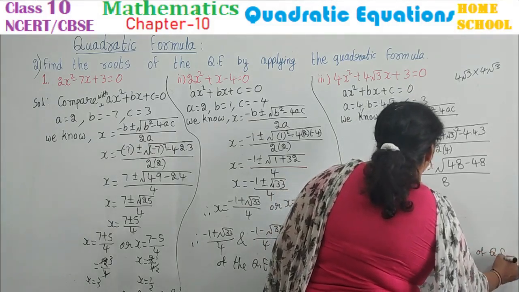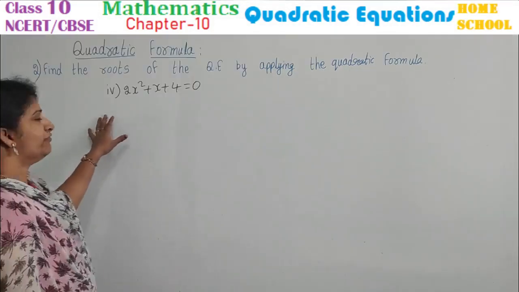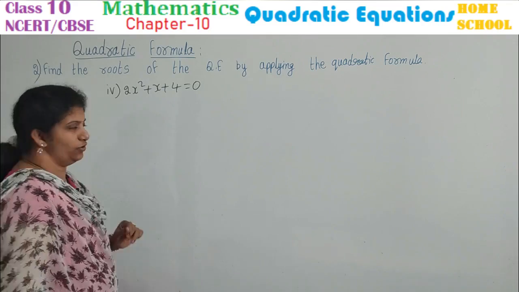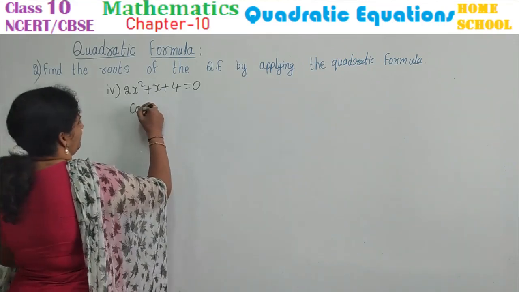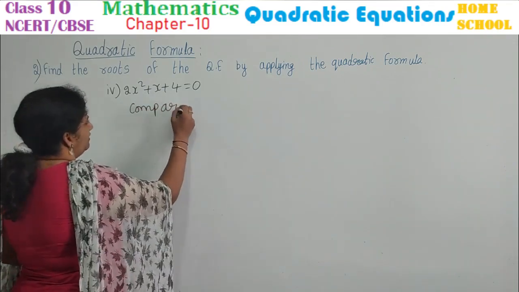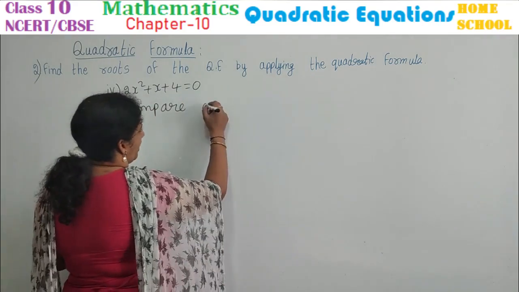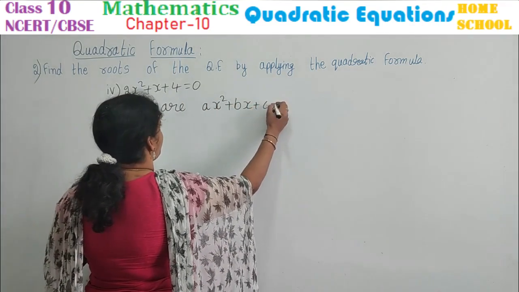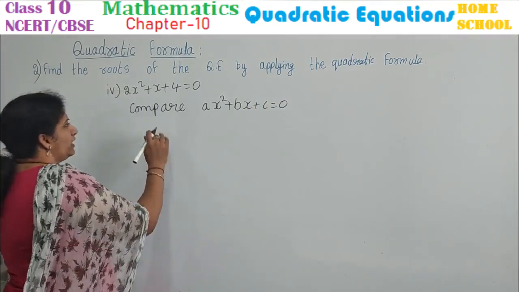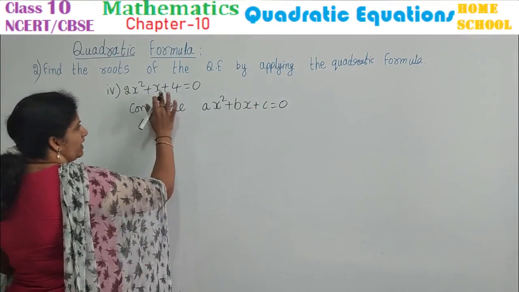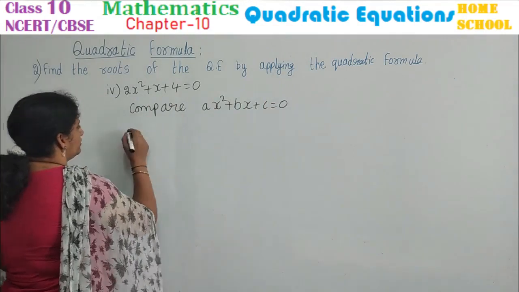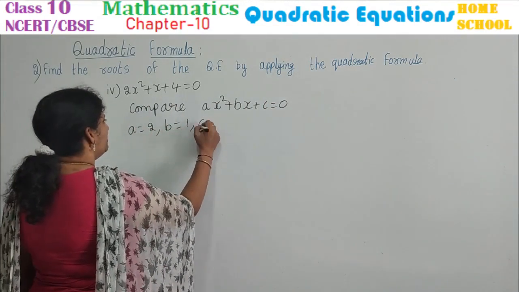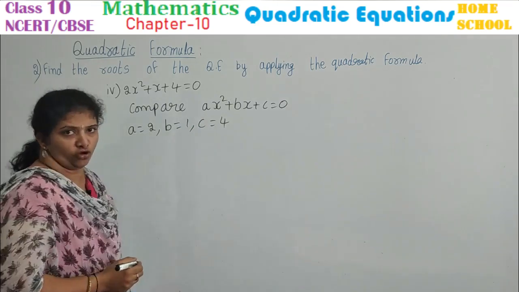Roots of the quadratic equation. Yeah, fourth sub question, 2x² + x + 4 = 0. First step, compare with the standard form of the quadratic equation, that is ax² + bx + c = 0. Compare, children: a is 2, b is 1, c is 4. a equal to 2, b equal to 1, c equal to 4.